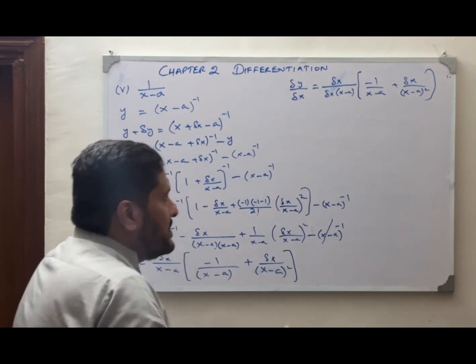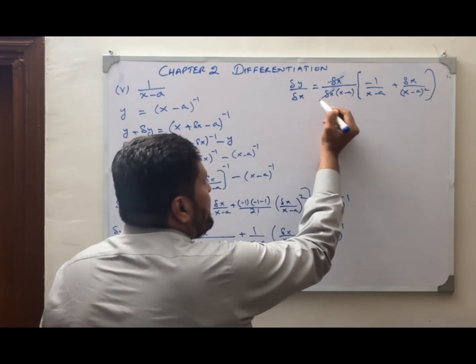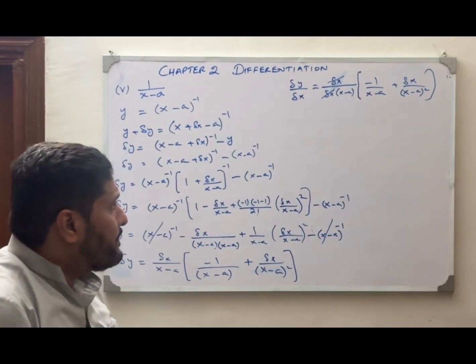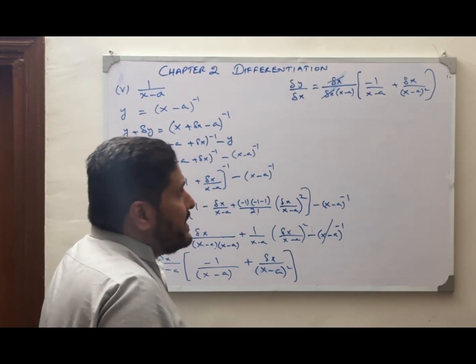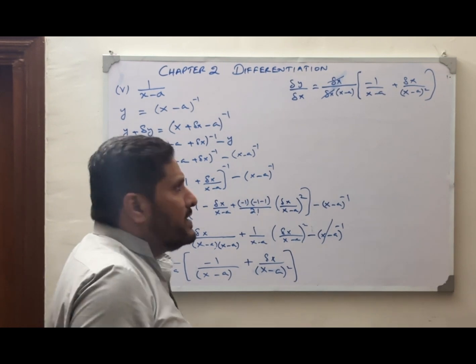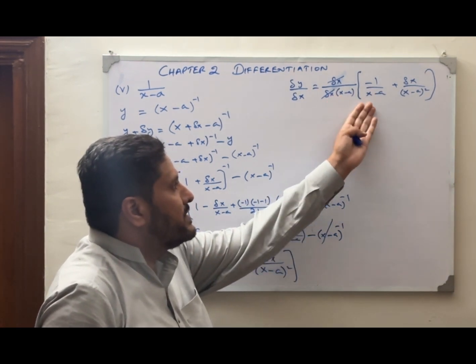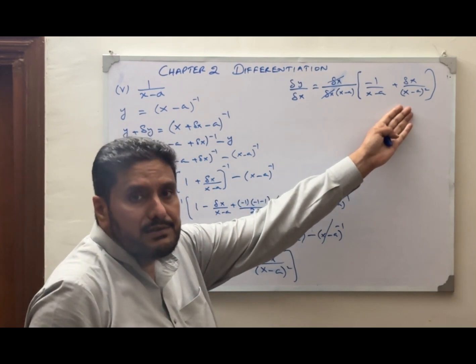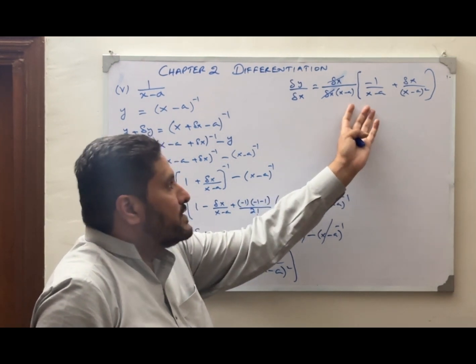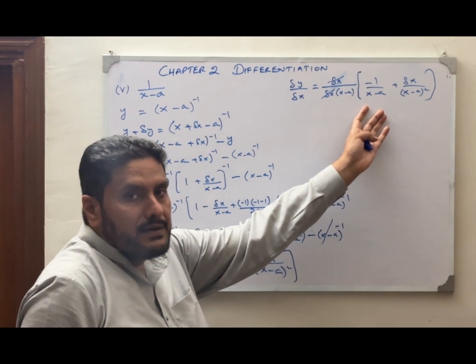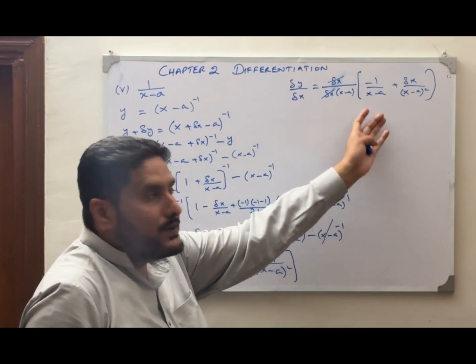So this delta x will be cancelled with the delta x in the denominator. Now applying the limit here, or before applying the limit, we multiply this term 1 over x minus a with both of these two terms individually, and then after simplifying that, we apply the limit by using step 4.